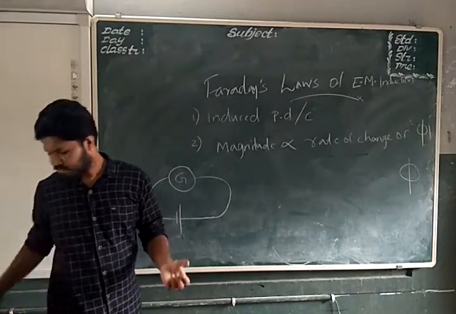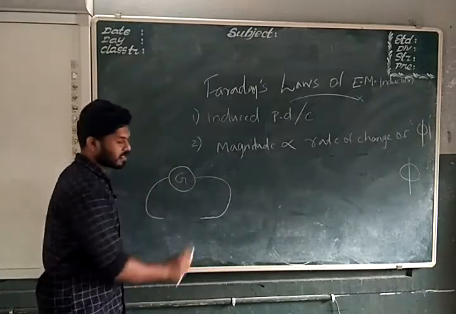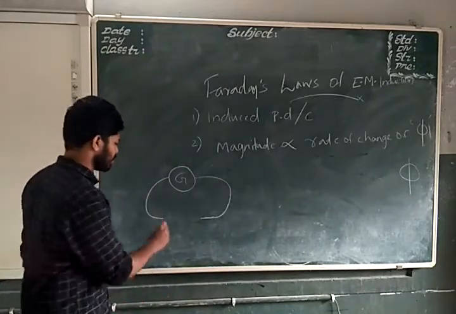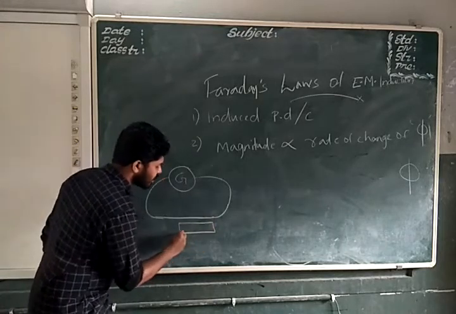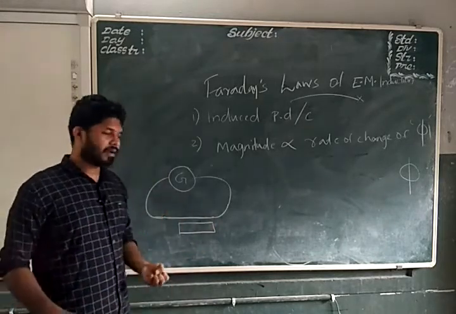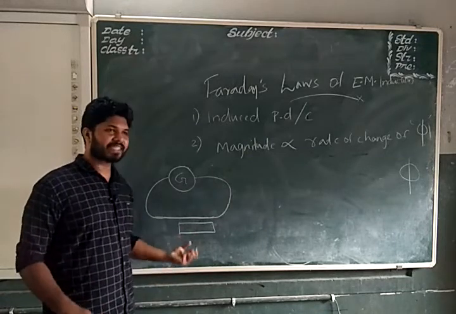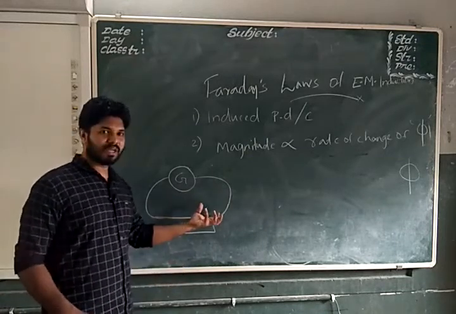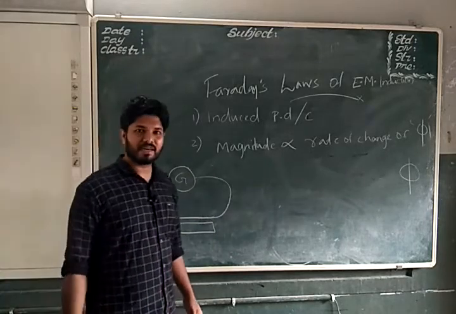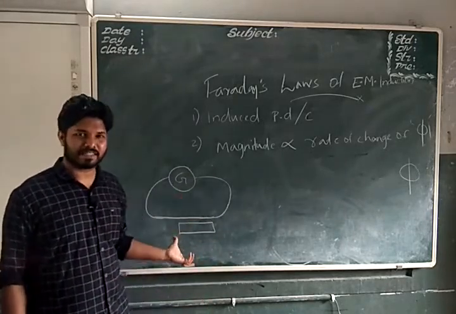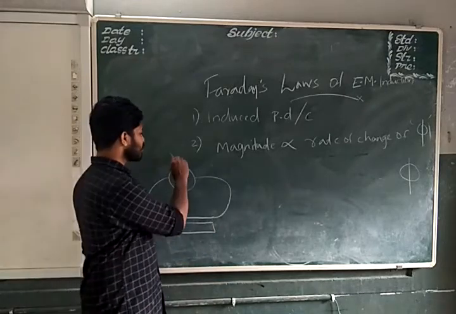After that, he took down the cell and introduced a magnet nearby to the coil, and he moved the coil backward and forth, and observed the direction of current by looking into the galvanometer.